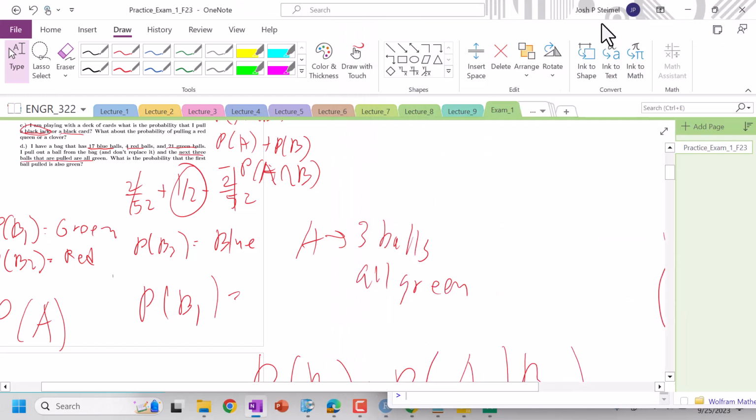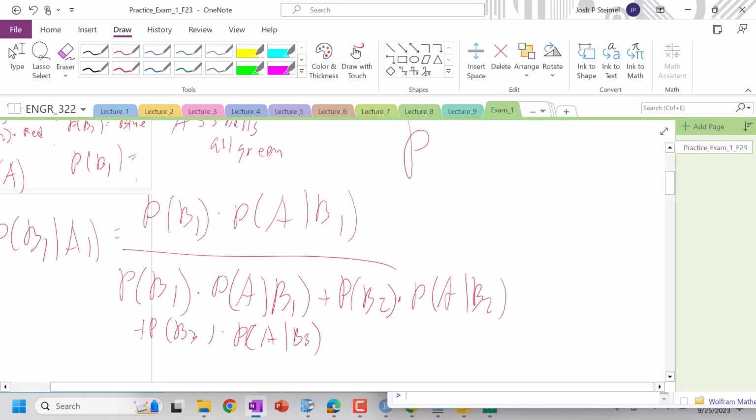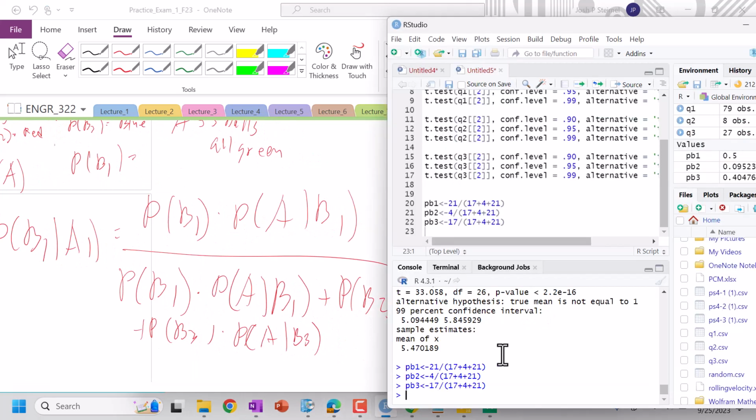We've got those out of the way, but we also have to deal with the probability of A given that B1 has occurred, so P(A|B1).